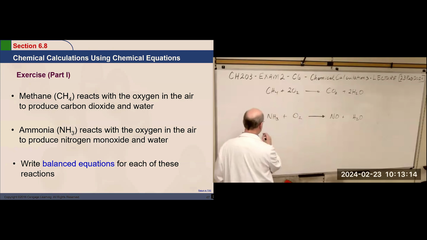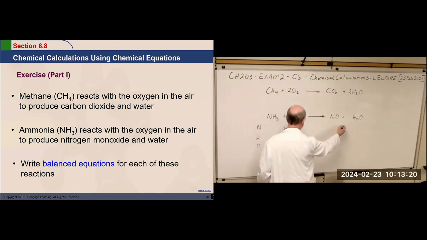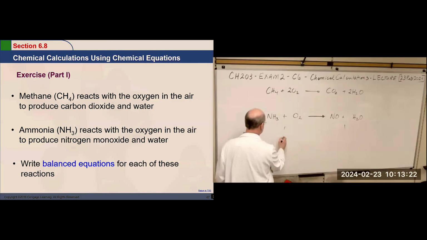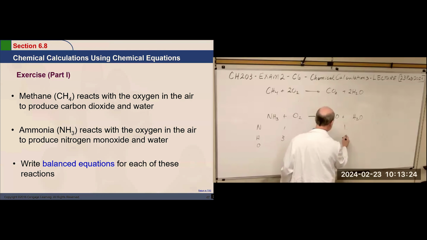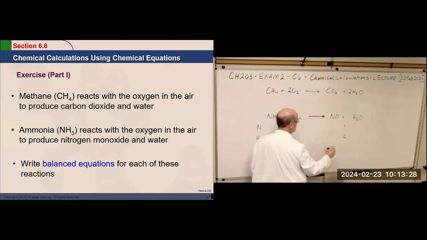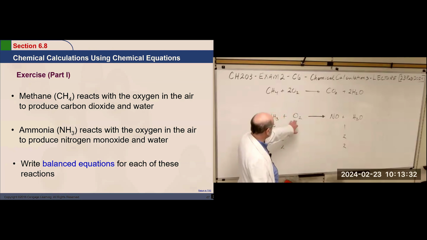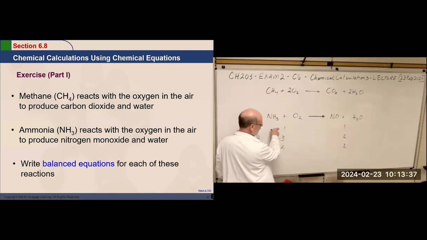Okay, so let's do our tally, our initial inventory. All right, we have one nitrogen here, one there. Hydrogens, 3 here, and 2 there, and 2 oxygens here, and 2 oxygens there. So we're going to hold this oxygen out for last. And since nitrogens are already equal, we're going to go to hydrogen.